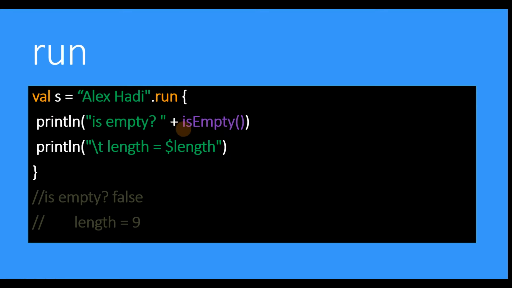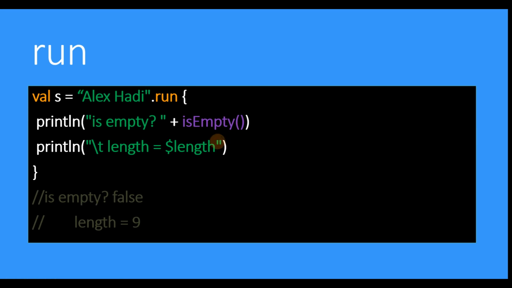It should be this dot isEmpty, but the compiler will figure out that we are referring to this string object, and then we are applying the standard function isEmpty to it.